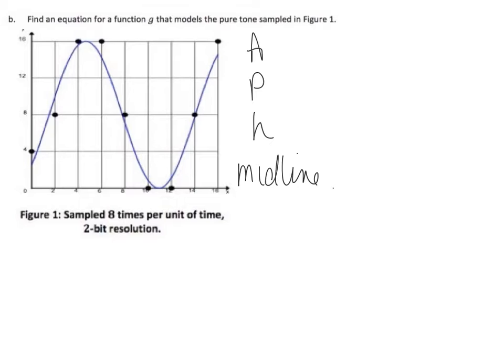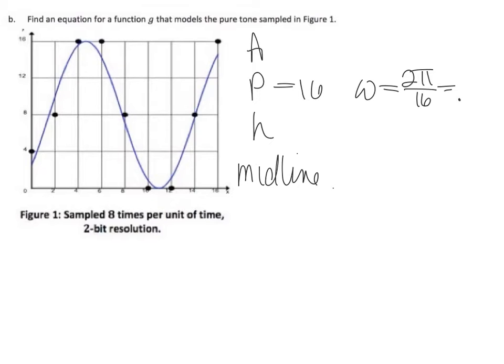Just looking at the graph, let's look at period first. We are at 16. So our period is 16, which means omega is 2 pi over 16.